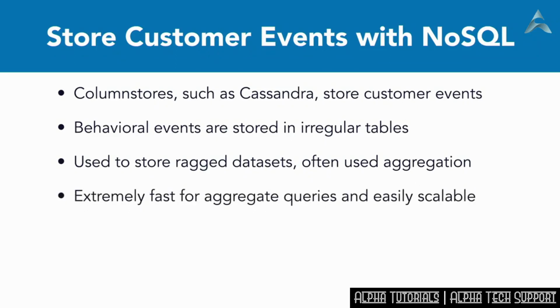And they can be extremely fast, either for these individual or aggregate queries, and they're going to be scalable. Of course, they are not going to be transactionally consistent by default, or sometimes it's not even possible to make these stores transactionally consistent. So it's really important to understand the differences between this and using a relational database, for example.